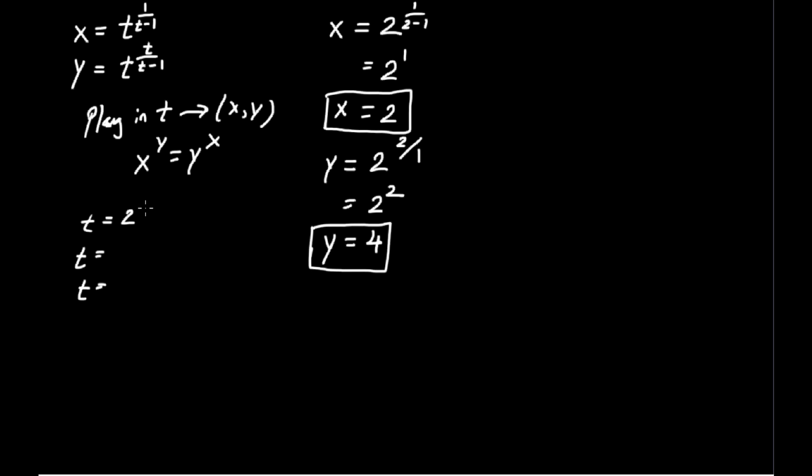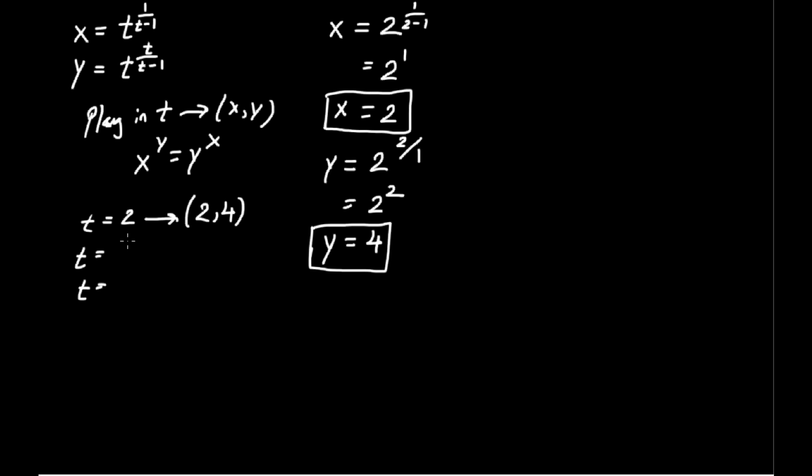And that tells me that when t is equal to 2, the corresponding xy pair, which will commute under exponentiation, is that pairing 2, 4. And that's no surprise that there is some t corresponding to that pair, which works. We saw that pretty early on. So this is a pretty nice confirmation that our method works, that we plug in this value of 2, and we get some pair which we know commutes under exponentiation.